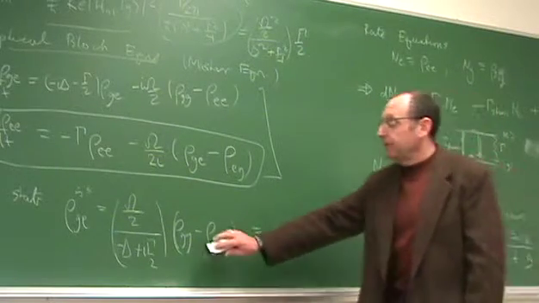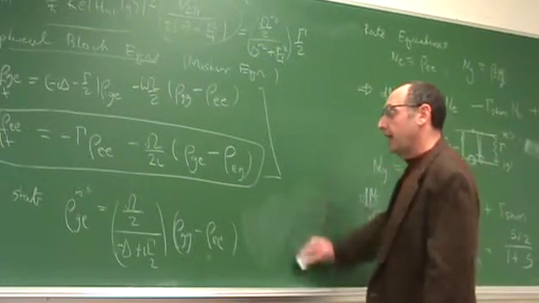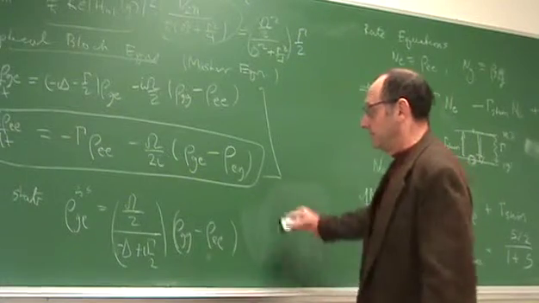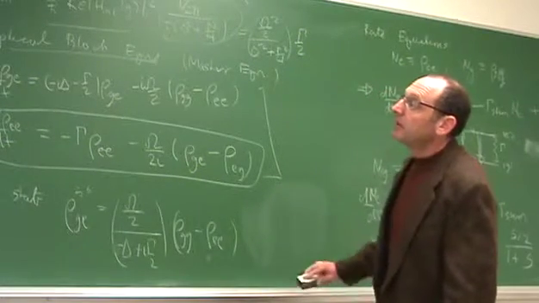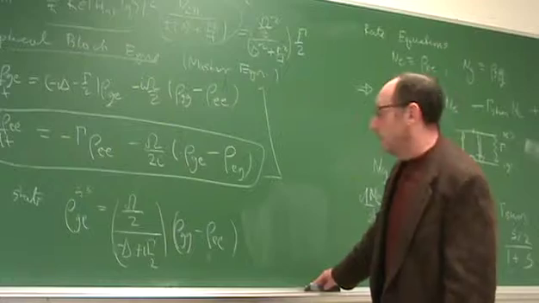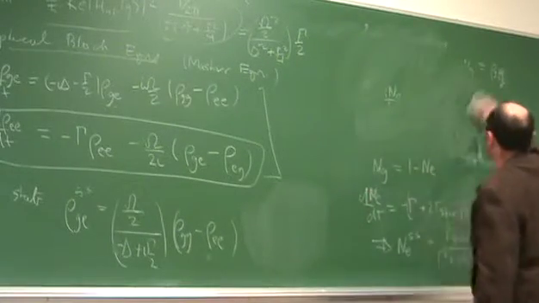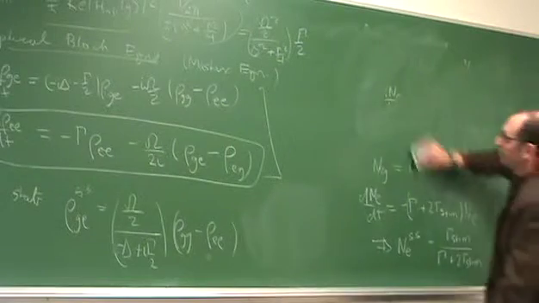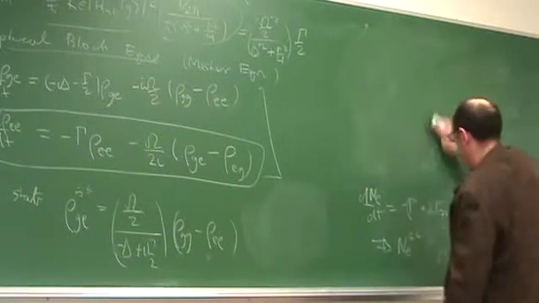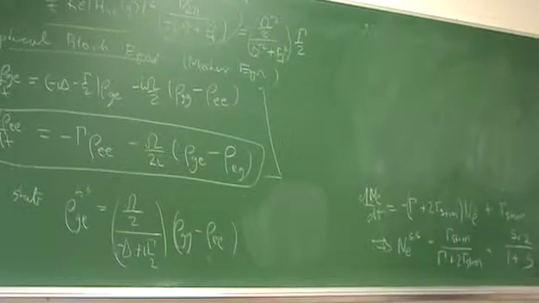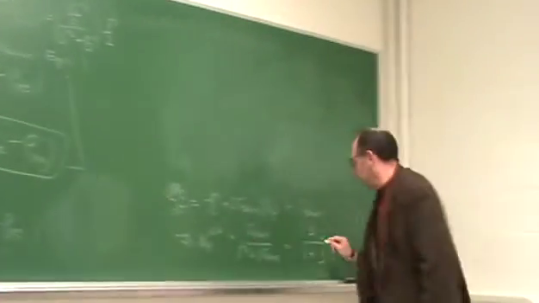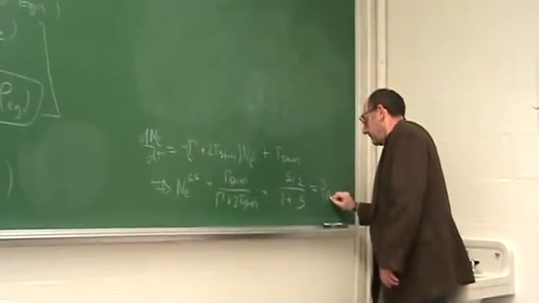Okay? So in steady state now we can look at this difference. Let's write a few more things down. So this is rho EE in steady state.